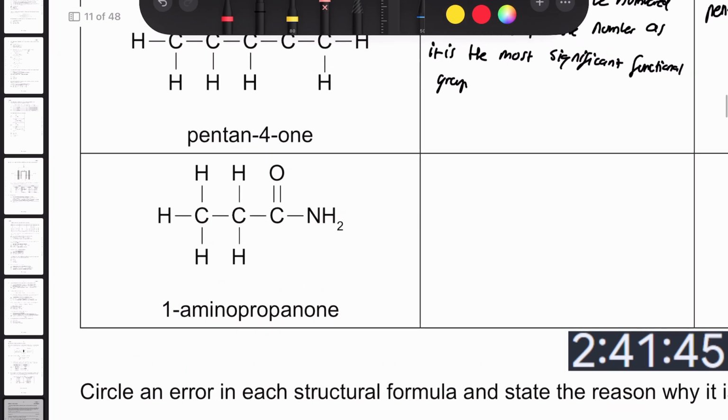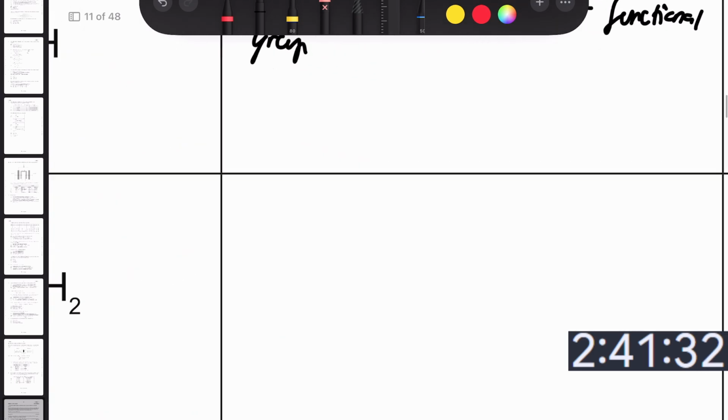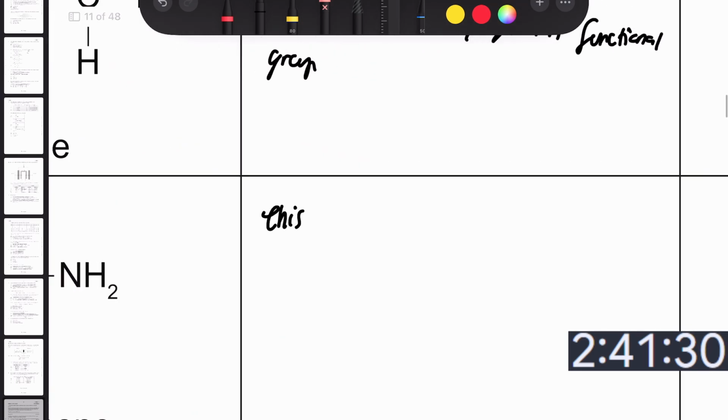So 1-aminopropanone. Oh, this is a primary amide. This is an amide.